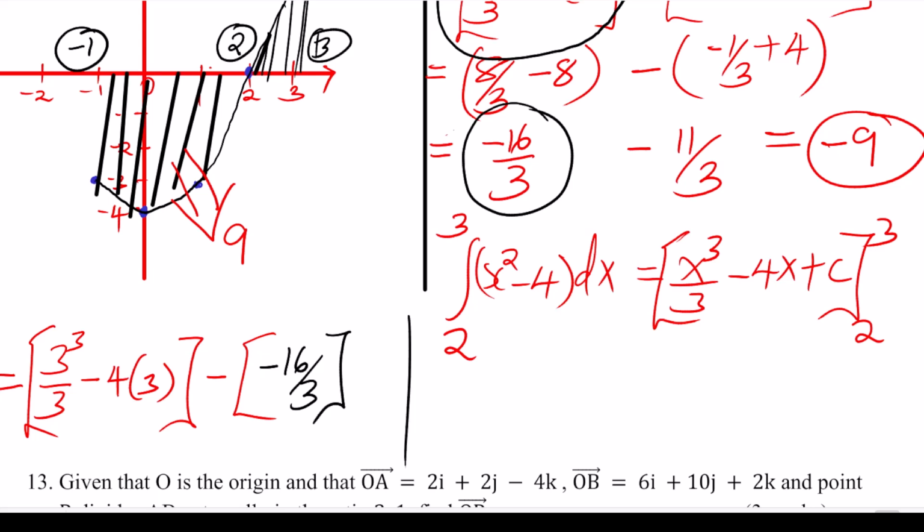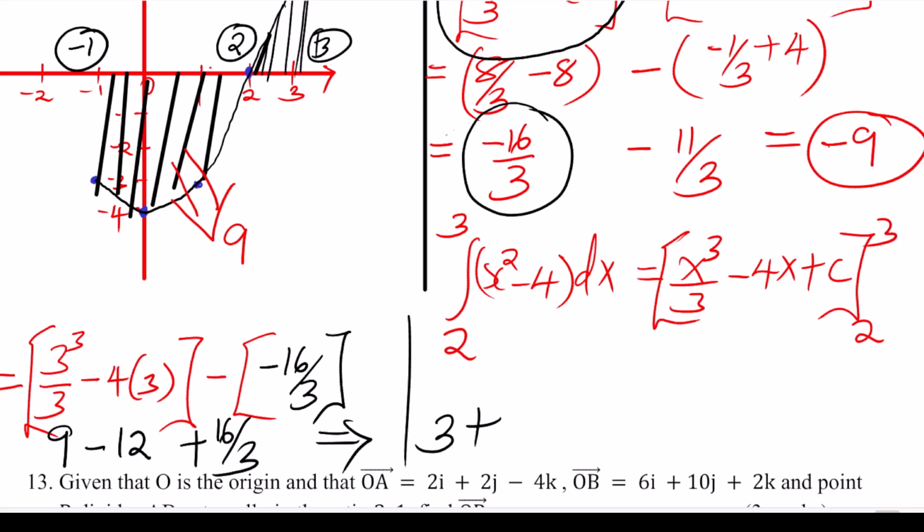Now we shall have 3 cubed divided by 3, this will give 27 divided by 3, that is 9. 9 subtract 12. Then subtract -16/3, this will be +16/3.